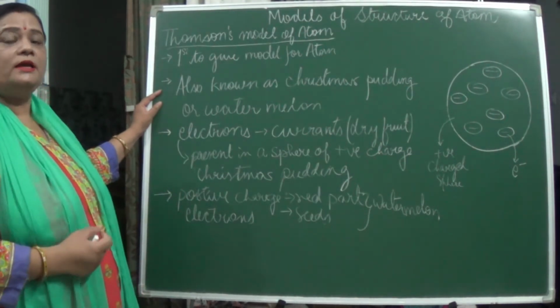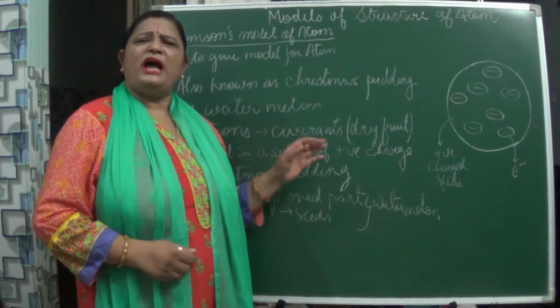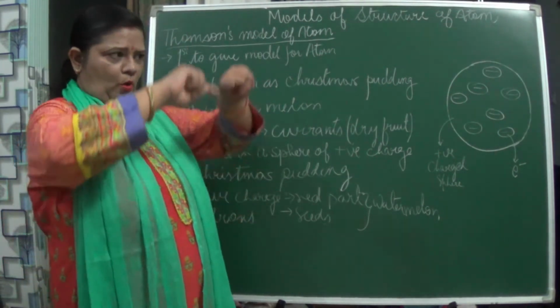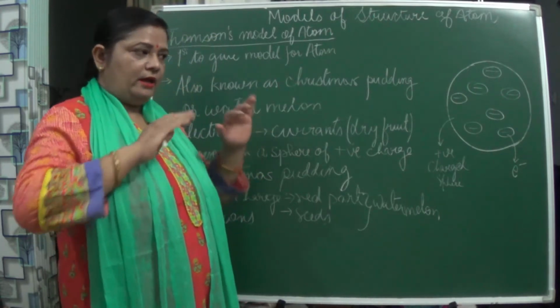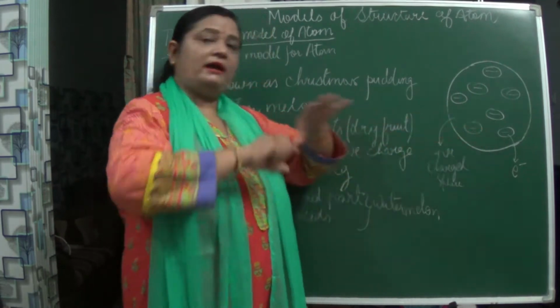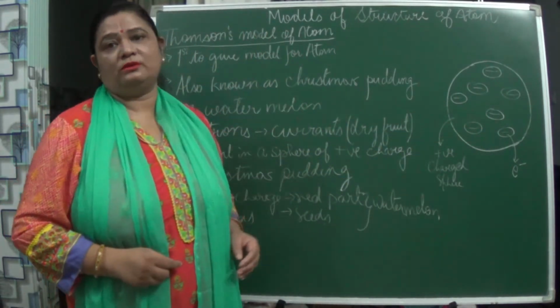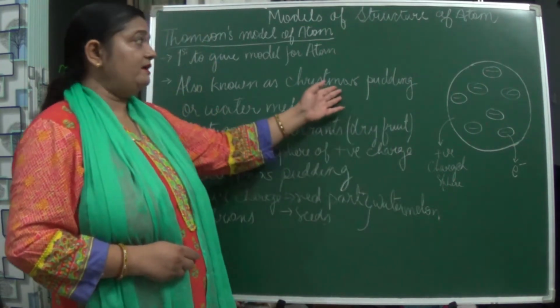His model is also known as Christmas pudding or watermelon model. Have you seen a watermelon? Whole green, isn't it? And inside the seeds are there. The seeds are compared with the electrons, and the whole body of that watermelon is known as the positively charged sphere.